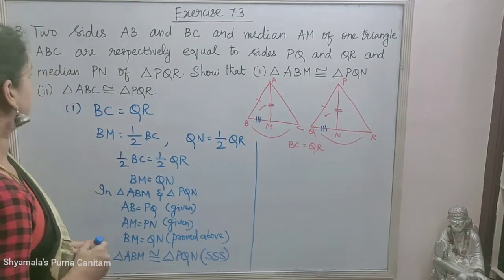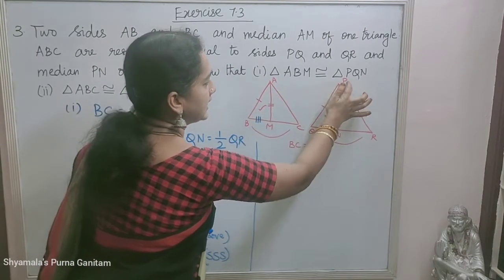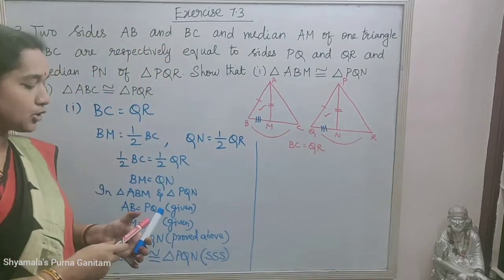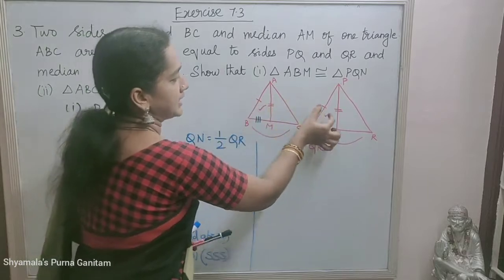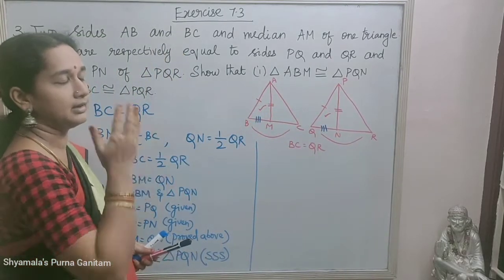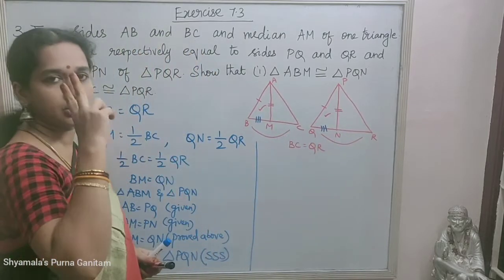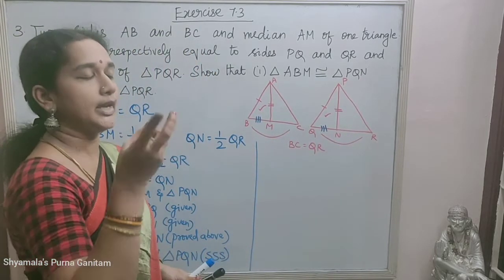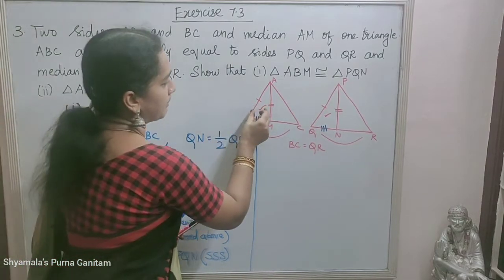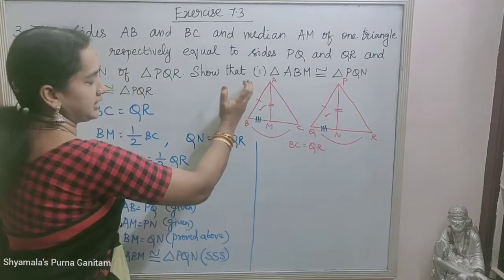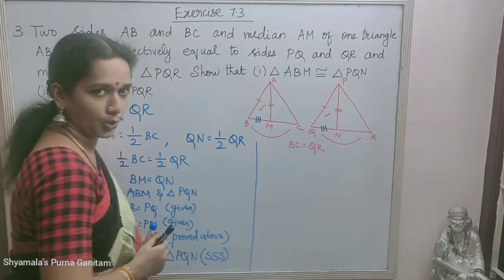Then the second part is ABC, that is this full triangle ABC, and PQR. For proving this, from the question we can take AB is equal to PQ. One side is equal. Then BC is equal to QR. So the second side is also equal. So either the angle or a side we have to prove is equal. From the first proof, we have proved that these two triangles are congruent.